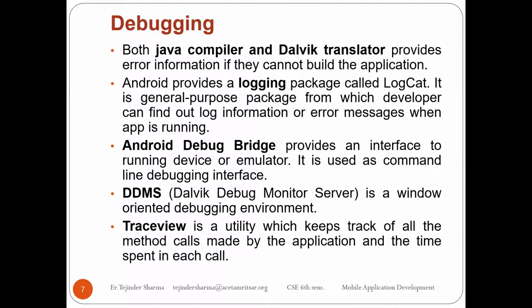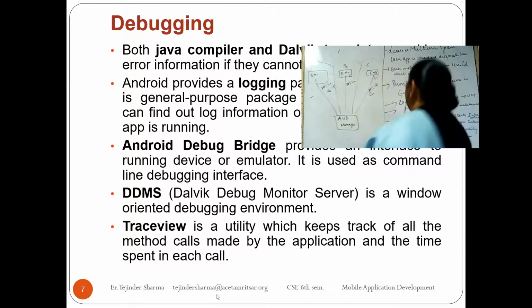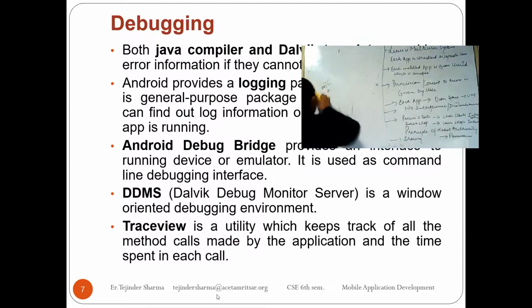See, there are two steps when your information can have the error. First, when you write the Java code, it is to be compiled using the Java compiler first, that is using the javac, and here you find some errors.